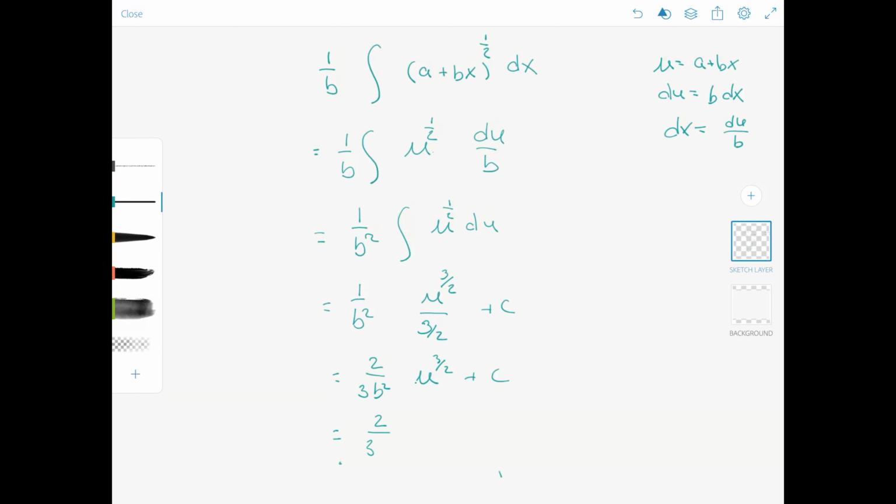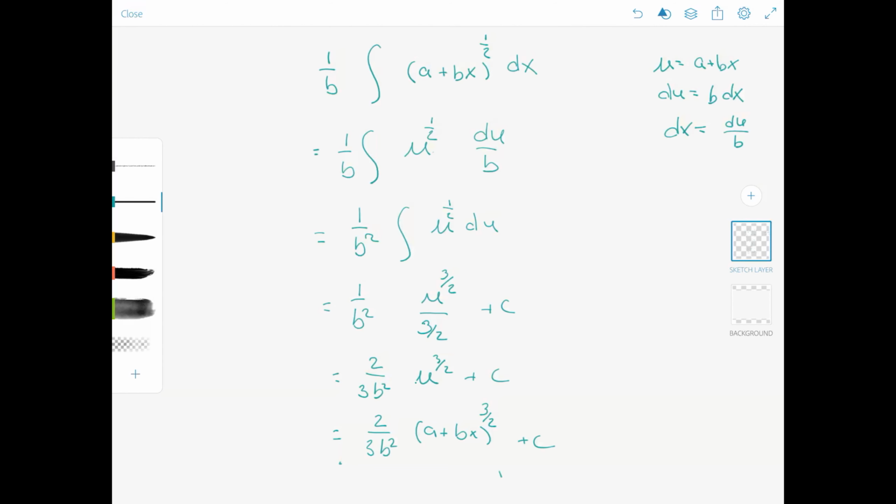Now we make our substitution. 2 over 3b squared, and a plus bx to the 3/2 plus c. Okay, that was slightly different from what we had.